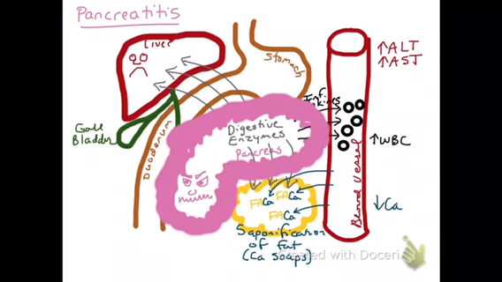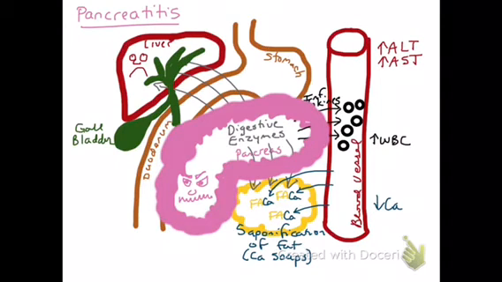Okay, so the inflamed pancreas gets edematous and it kind of swells, and there's also swelling of the peripancreatic tissue, and this actually causes compression of the common bile duct, and this compression leads to backup of bile, which goes into the liver and also into the blood.